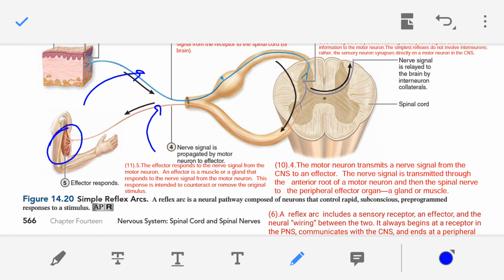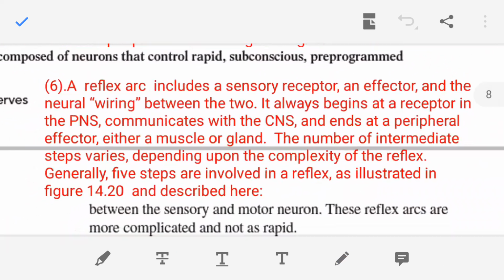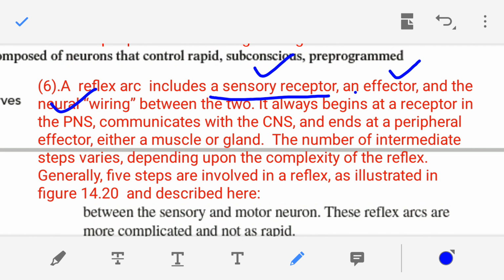So your hand muscle, the bicep muscle, is the effector organ. So the effector is responding. So a reflex arc includes a sensory receptor, an effector, and neural wiring between the sensory receptor and the effector.